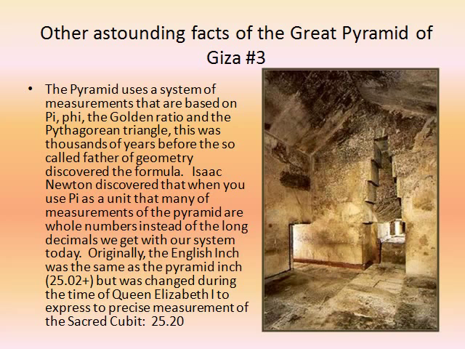Originally, the English inch was the same as the pyramid inch of 25.02 plus, but was changed during the time of Queen Elizabeth I to express the precise measurement of the sacred cubit, that is, 25.20 inches equals the sacred cubit.